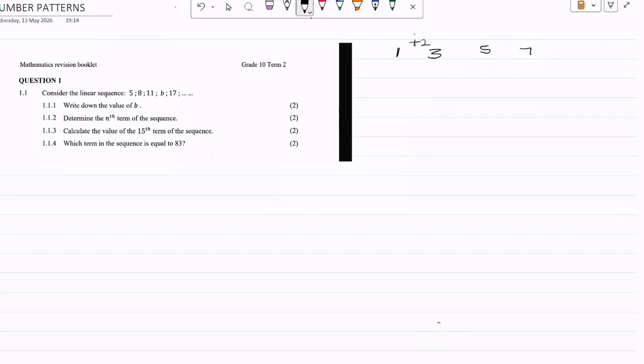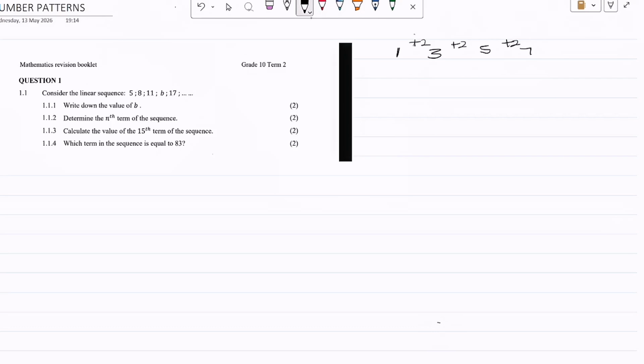For us to have 5, we added 2 to 3, which is the previous term. For us to have 7, we added a 2 to 5. So in simple English, we would explain this as we are adding 2 to the previous term to get the next term. Okay?